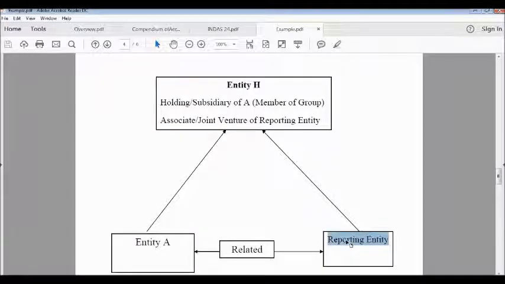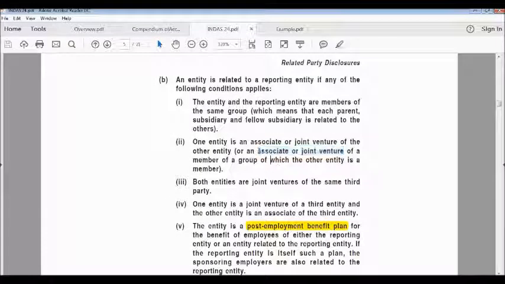So if the reporting entity is a joint venture or associate with entity H, and entity H is a holding or subsidiary of entity A, then entity A and the reporting entity will be related to each other.